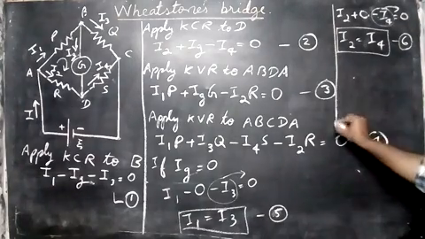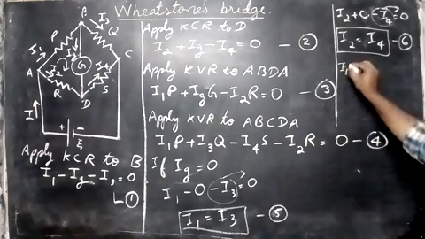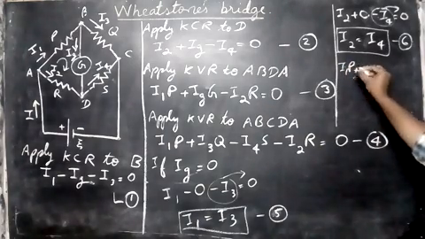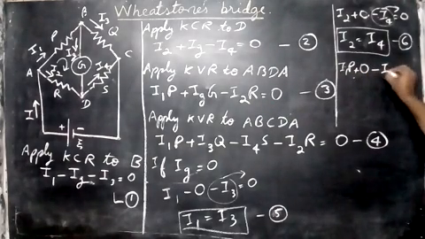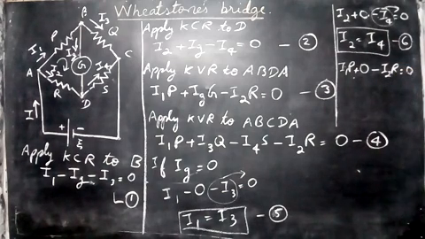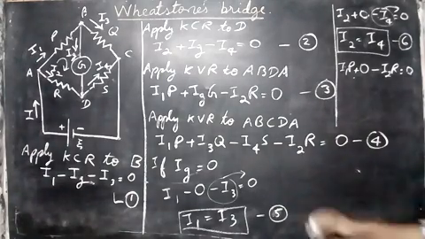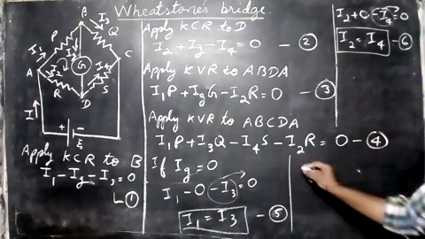Then let's see the next one. I'll take this equation: I1 into P plus IG into G, that has become 0 now, and 0 into anything is 0, minus I2R is equal to 0. I'll write the seventh equation right here.